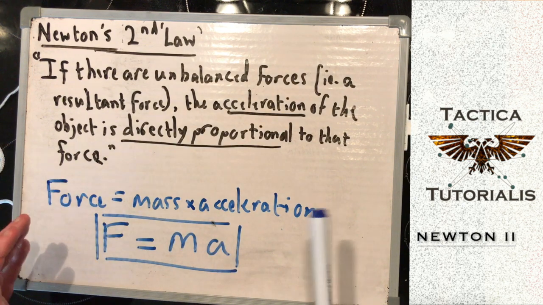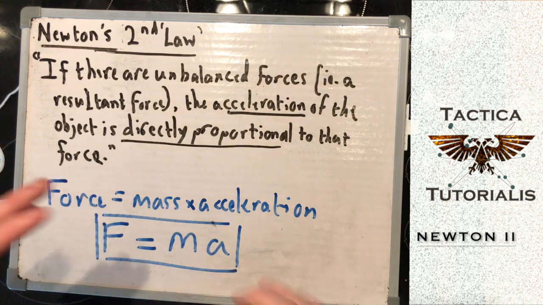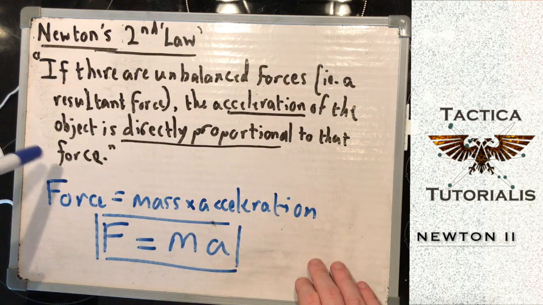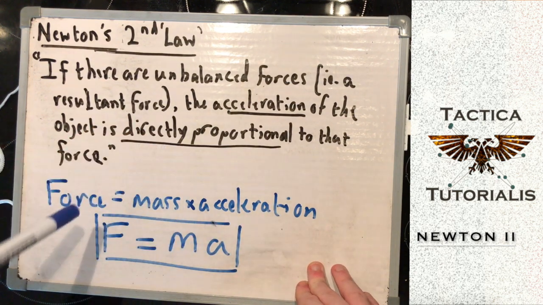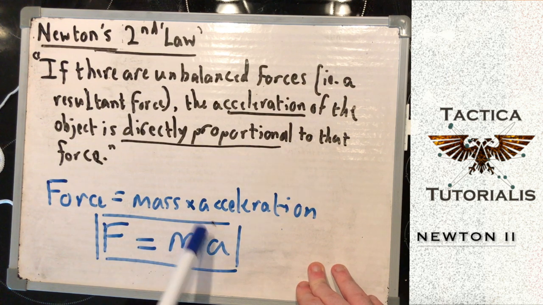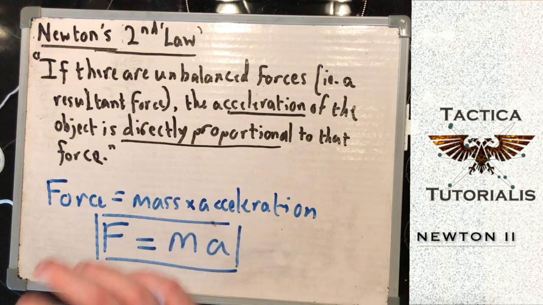It gets a bit more complicated when you get to A level, but vectorially that's what that means. And it is directly proportional because F equals a constant multiplied by a. M for the object is going to be a constant. We're not going to change the object's mass.